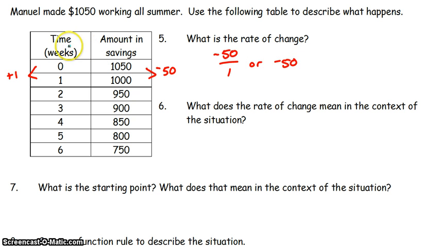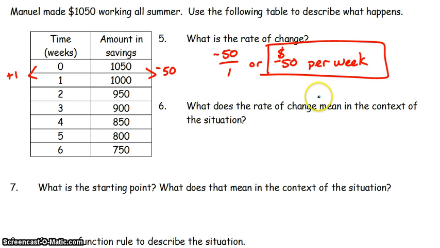I have to include my units, dollars per week. In the first problem we looked at today, Shauna was saving money, so our rate was positive. Now we have Manuel spending money, or using money, which puts his rate as a negative number.